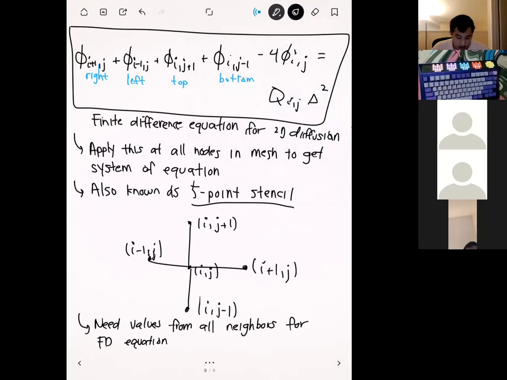All right. So this is good right here, but right now this equation is not in the most useful form because it's in ij coordinates.